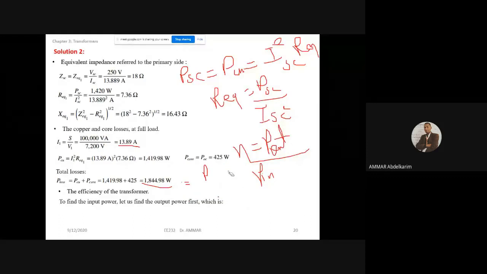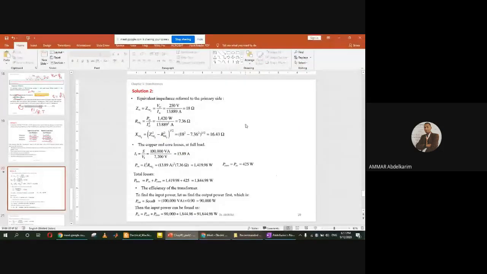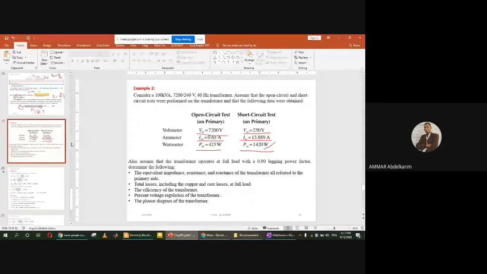Here is just a remark. When we talk about the calculation of the efficiency, always we have a load. We cannot calculate the efficiency, for example, in the short circuit test or in the open circuit test, because we don't have a load. When we talk about the efficiency, it means that we have a load here.